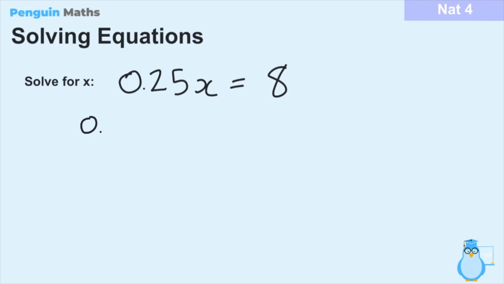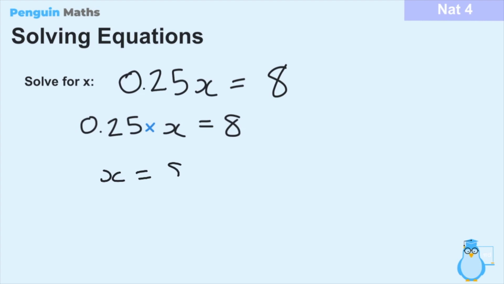Well, we know that on the left hand side this can be written as 0.25 multiplied by x is equal to 8. And we know that if something's being multiplied on one side and we want to bring it over, then that means when we bring this 0.25 over to this side, we're going to divide by this. So that means our equation will look like this.